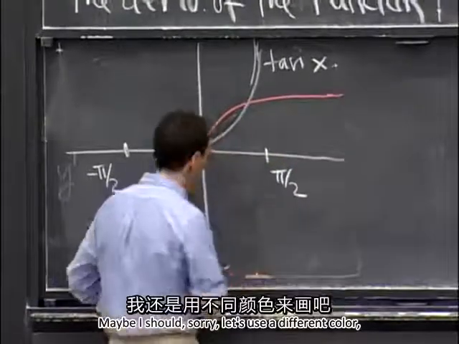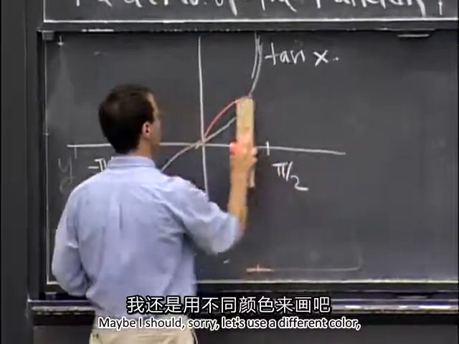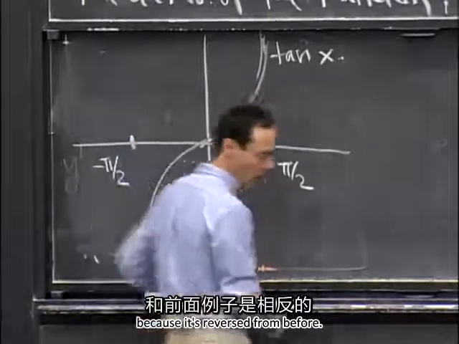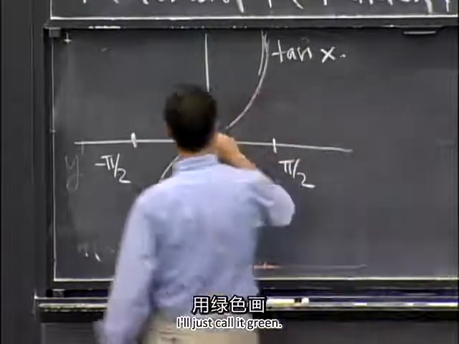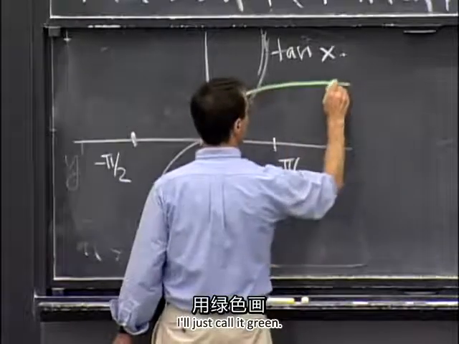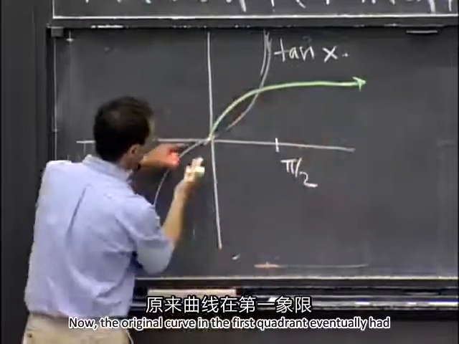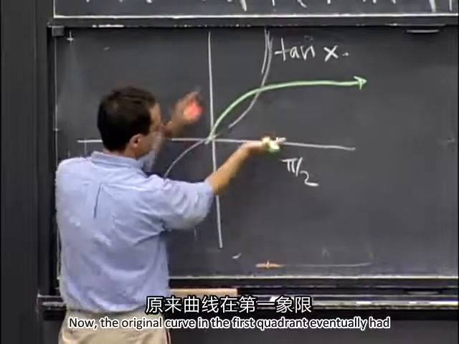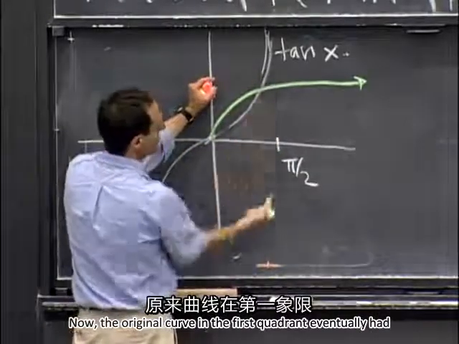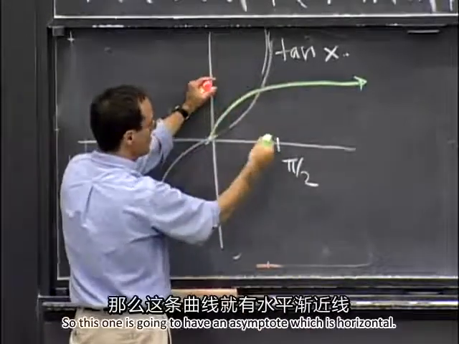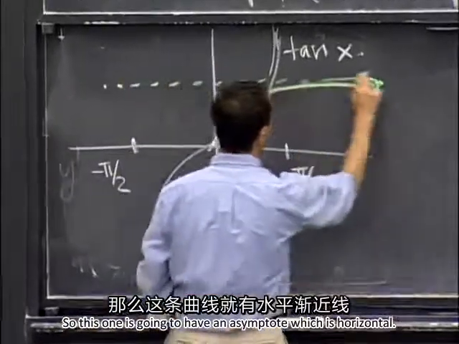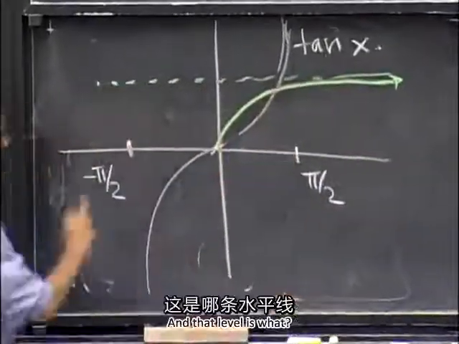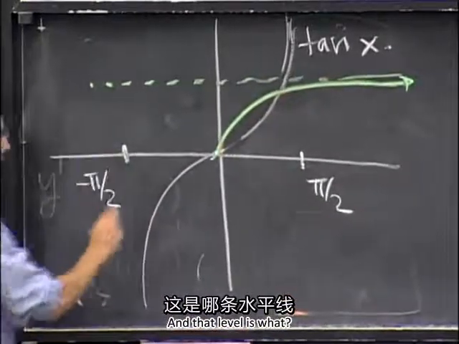All right, maybe, sorry, let's use a different color because it's reversed from what we had before. So I'll just call it green. All right, we'll do this. Now the original curve in the first quadrant eventually had an asymptote which was straight up. So this one is going to have an asymptote which is horizontal, and that level is what?